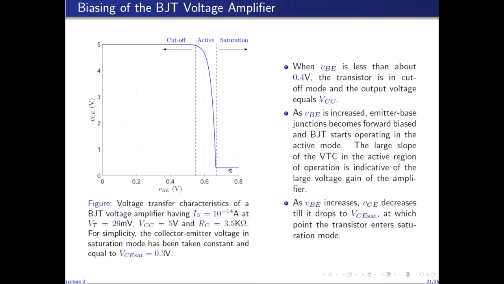You know that it varies very slowly, but I have assumed it to be constant. This part of the characteristic corresponds to the cutoff mode of operation of the transistor. This part corresponds to the saturation mode. And this part between these two dotted lines corresponds to the active mode of operation of the BJT.